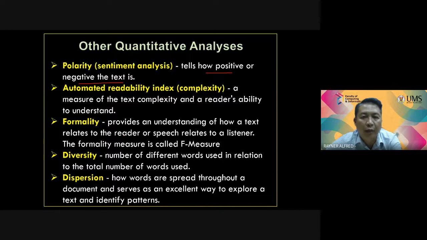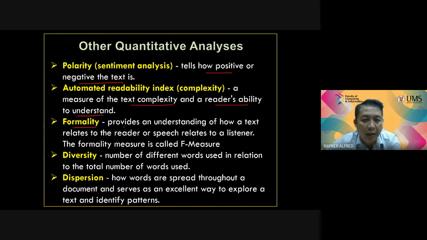We also can look at the complexity of the text, a measure of the text complexity and the reader's ability to understand. Each text has a readability index, like the level of how many people can understand the text, because some of the texts are seldom used.